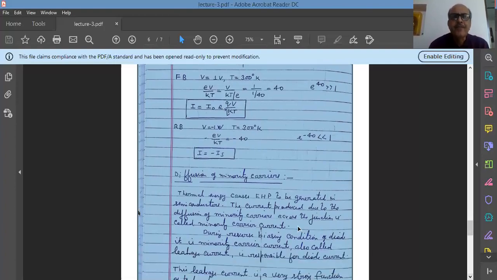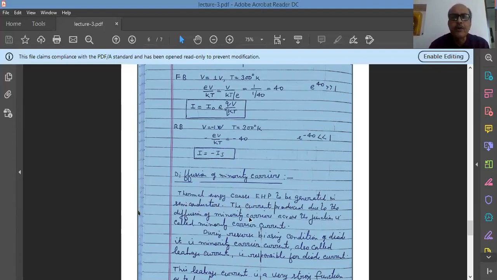The other is the diffusion of minority carriers. I explained why we get a very small saturation current or reverse saturation current. It is because of the diffusion of minority carriers. Thermal energy causes electron hole pairs to be generated in the semiconductor.